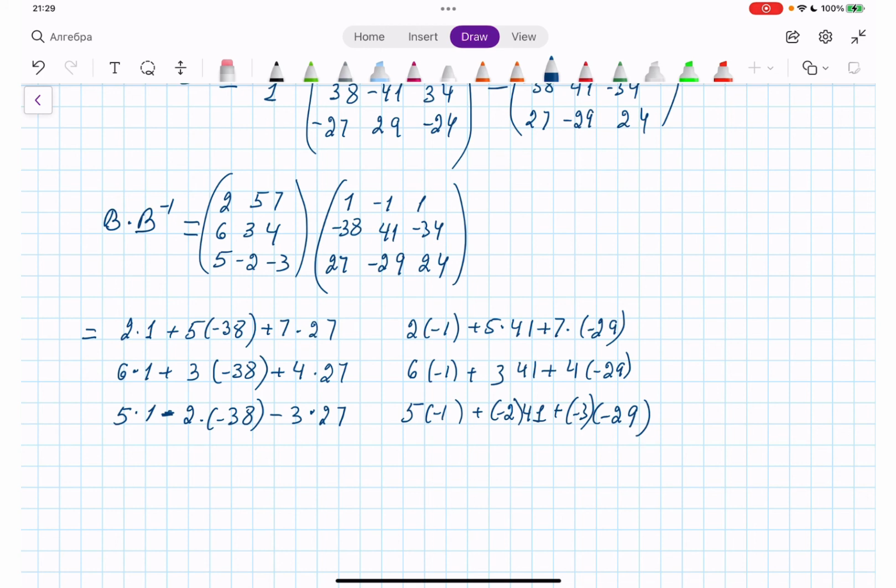Okay. And the last one, let's do the last one. I'm going to use again the first row, second row, and then third row from the first matrix and multiply by the third column.